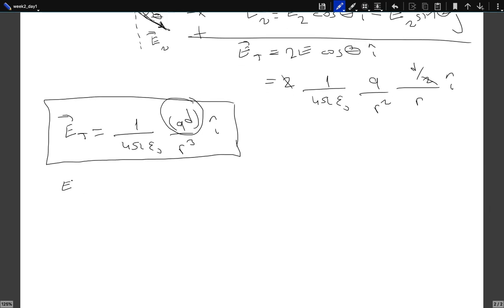So let's calculate the electric field of a very long wire.